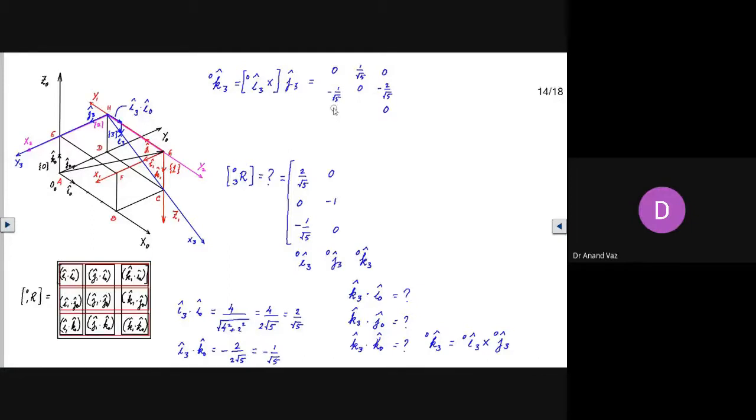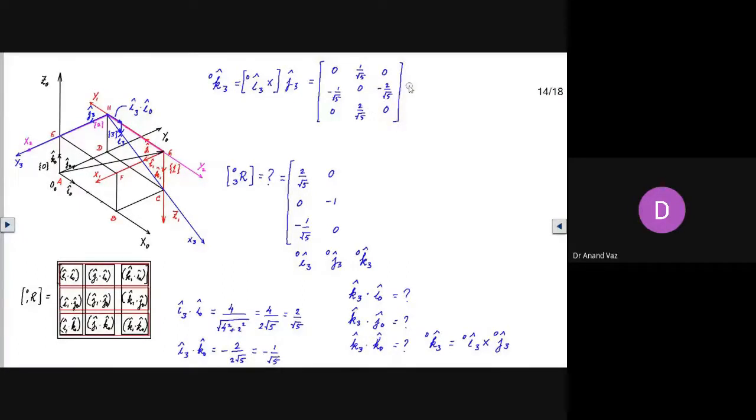This will be 0. And this will be 2 by root 5. So these are the elements of the A cross. So this is the A cross matrix, that is I cross matrix.